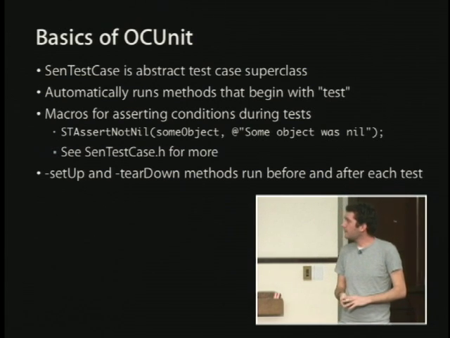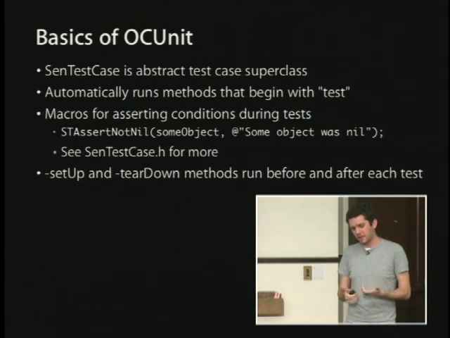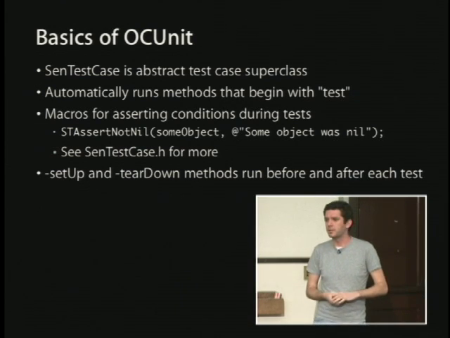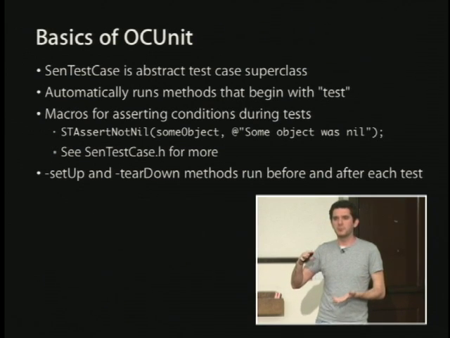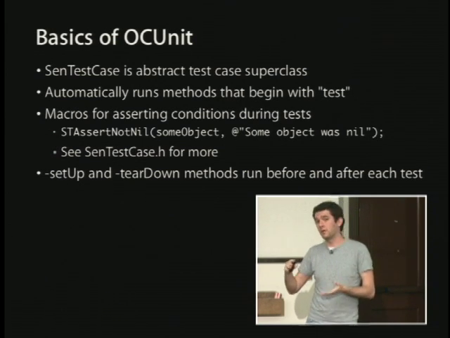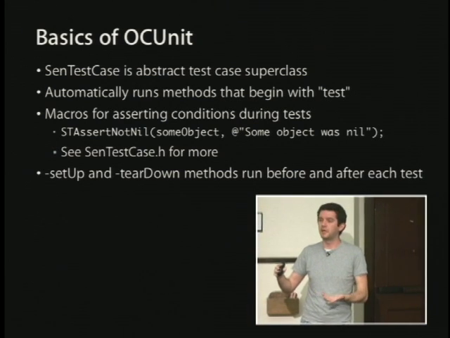And there's also setup and teardown methods you can define. These are optional. You don't necessarily have to use them, but they are called before and after OCUnit executes every single one of the test methods that you've defined.